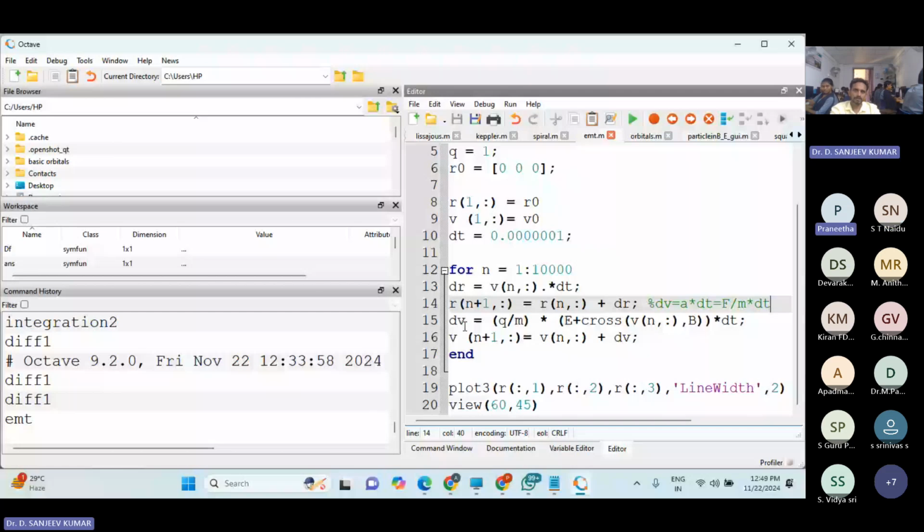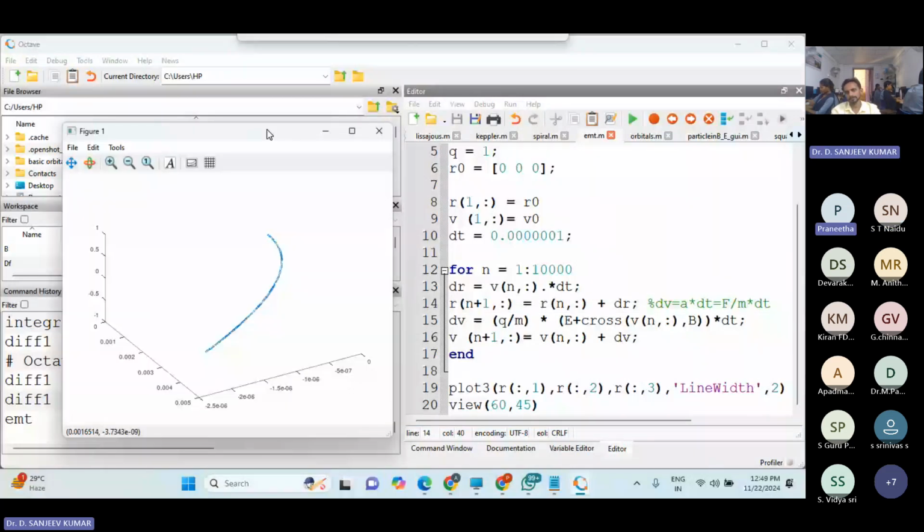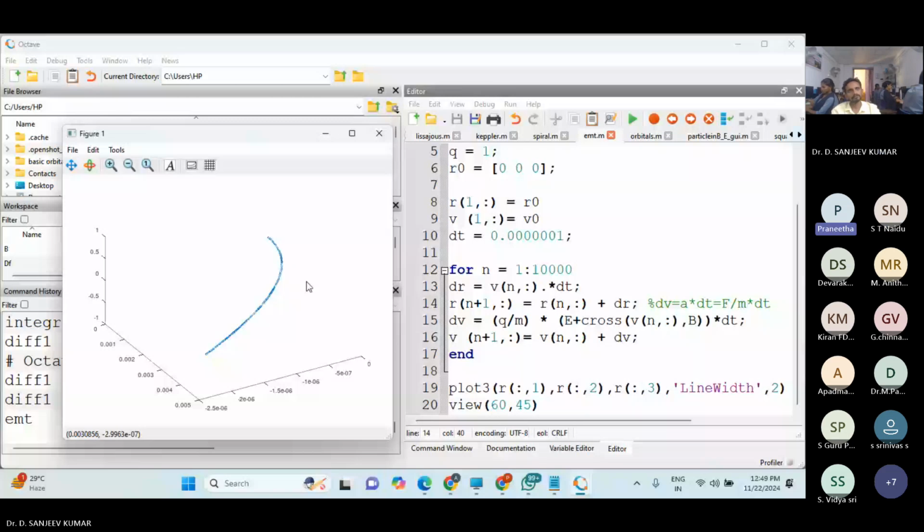This is how you get the trajectory of the charge particle. This spiral. If you increase the number of points, you can get a complete spiral.